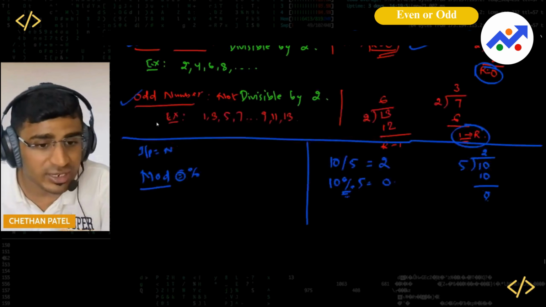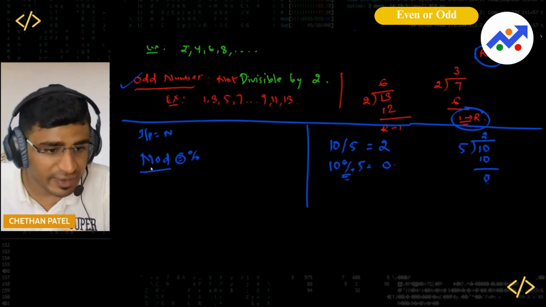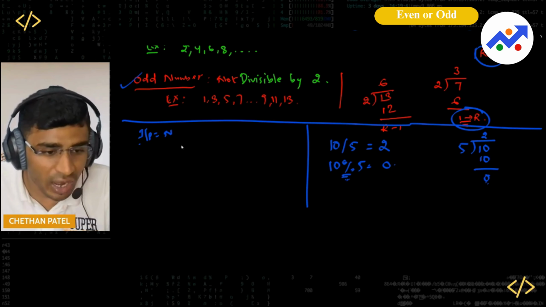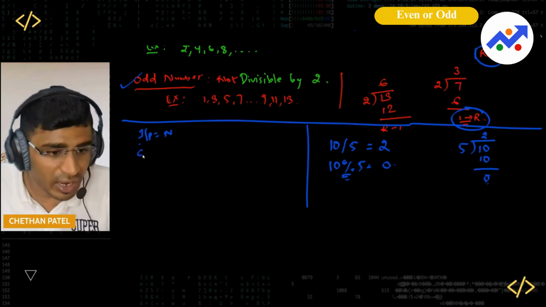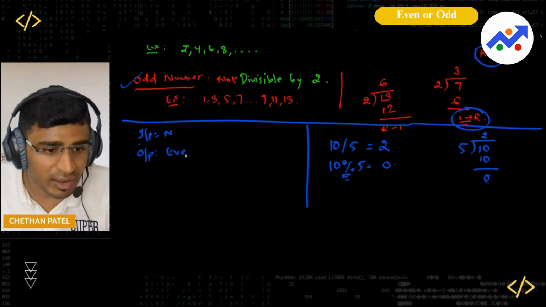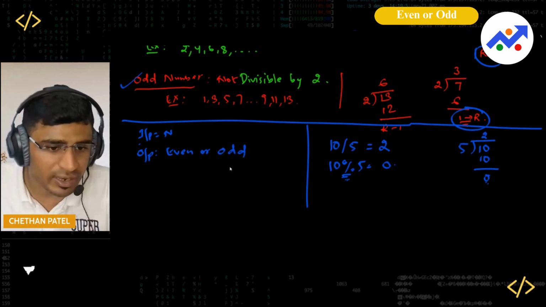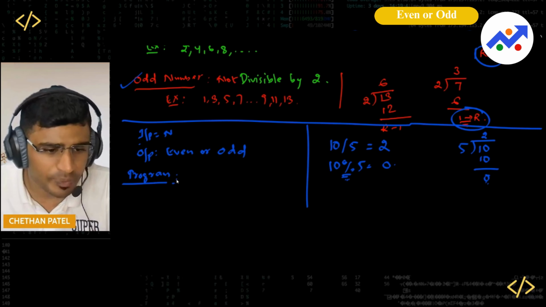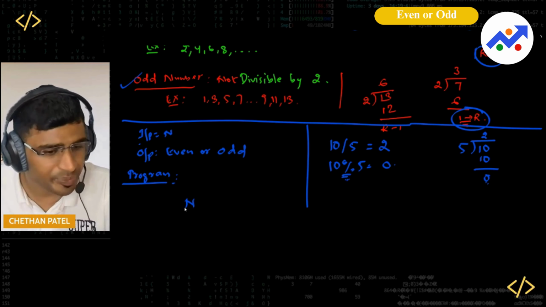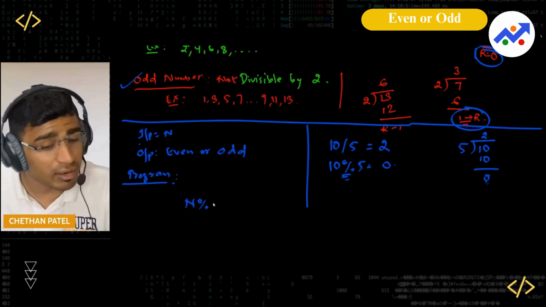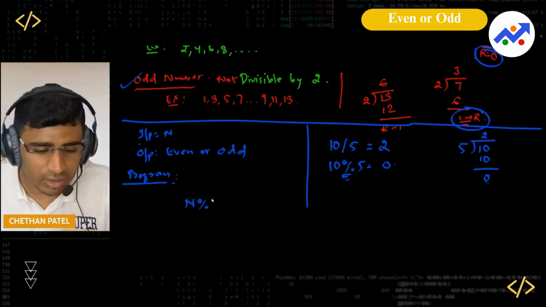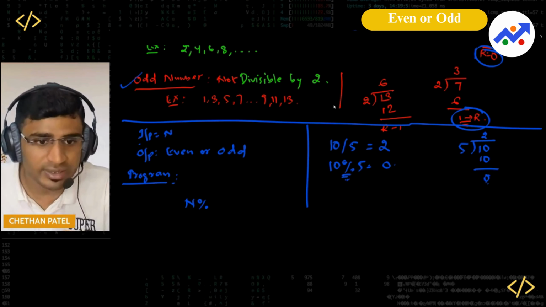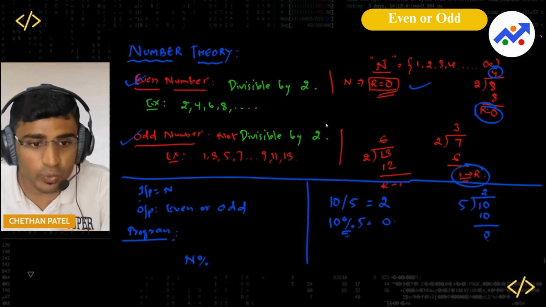With that intention, let me write a code. If somebody gives input as n and we want the expected output to be even or odd, I can write a pseudo code. I will compute the remainder, and here we need to divide by 2, because we get remainder 0 only when it is divisible.